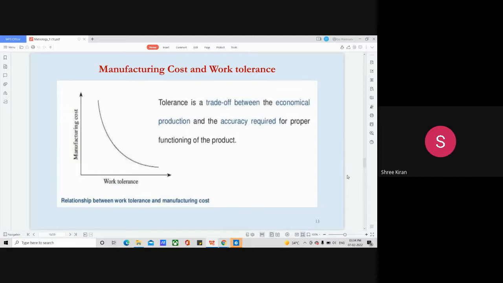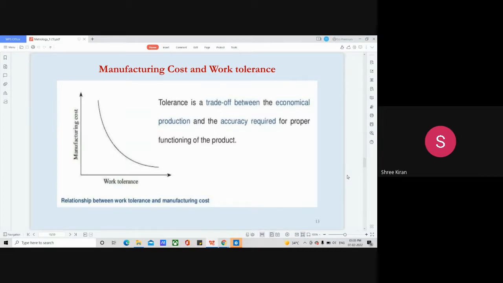Tolerance is the trade-off between the economical production and the accuracy required for proper functioning of the product. All these factors are under consideration regarding the manufacturing cost and work tolerance.